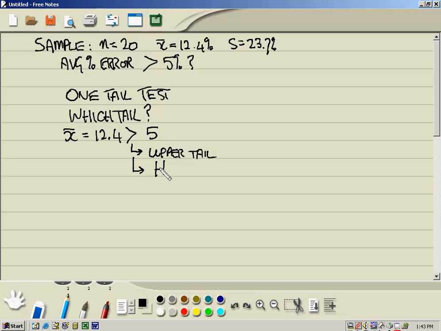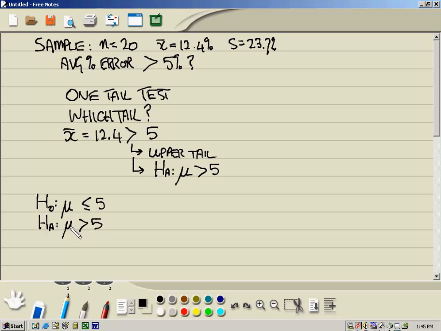And the alternate now has the greater than sign in it. So instead of x bar being greater than 5%, we do the population equivalent, mu being greater than 5%. Now we can write down both our hypotheses, both the null and the alternate. The alternate: mu greater than 5, and the null, everything else: mu less or equal to 5.